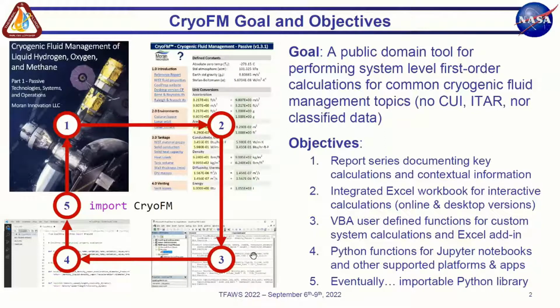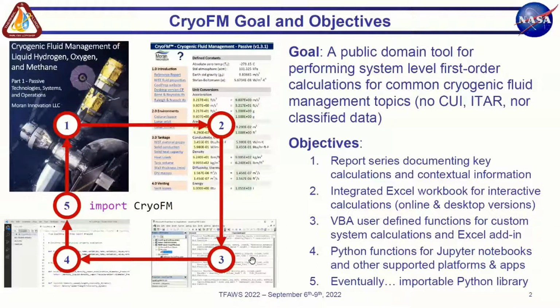The third objective is to create built-in user-defined functions within Excel and Visual Basic, so that this calculation tool can be made an add-in, for example, so that all of these functions are then available automatically in any new spreadsheets that someone's creating, so that they can begin to do more complicated systems kind of calculations and build these functions into their system model as needed.